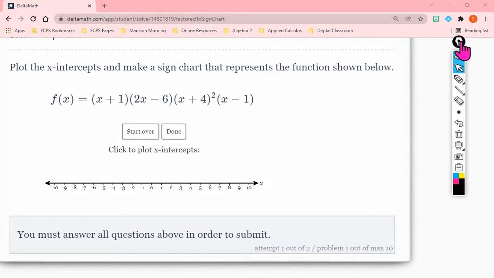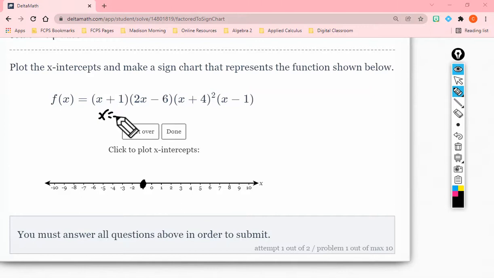So here's what I suggest. First, do it on paper. Paper or whiteboard. And then transfer your answer. So here we get -1. Okay, careful. Here we get 6/2, which is 3.